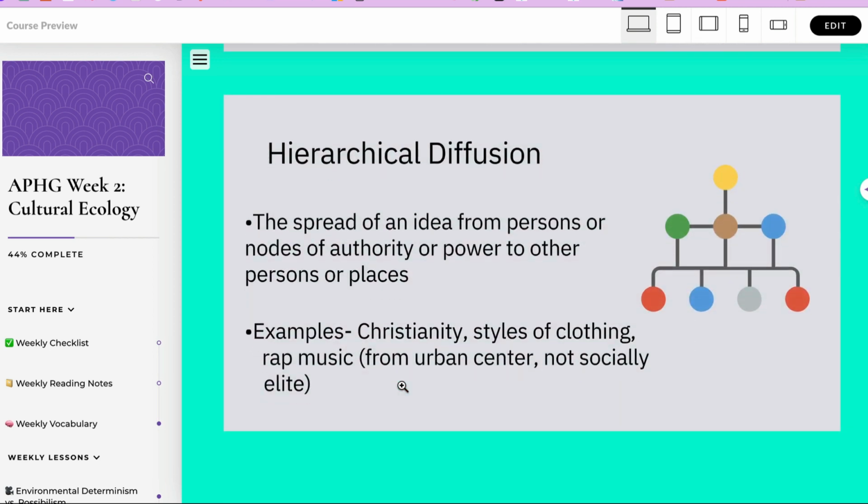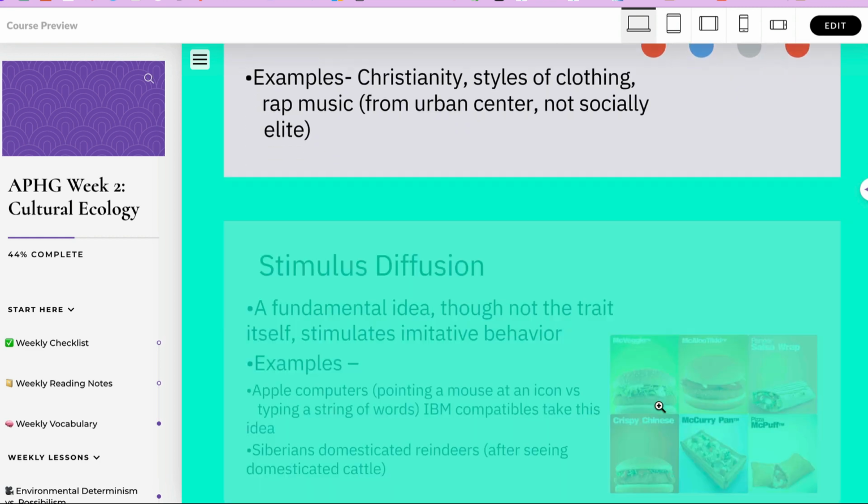Hierarchical diffusion is going to be different because you're going to have that origination, but it's going to actually leapfrog to nodes of authority or power or cultural influence. An example that is actually reverse hierarchical diffusion is rap music, because it developed in urban centers and then did leapfrog out into pop culture.